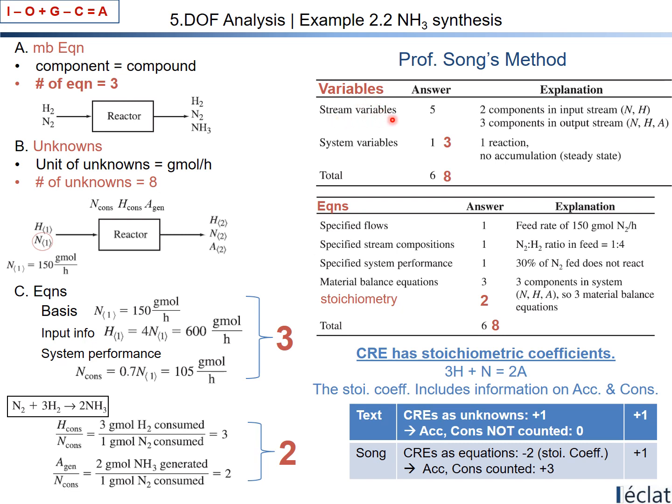Stream variables: 5, 1, 2, 3, 4, 5 for both methods. However, there are some differences between my method and the textbook method in terms of system variables. In the system variables, using the textbook, you should count the number of reactions. So one reaction, and the accumulation term, no accumulation term. So you have number 1 for the system variables. You don't need to think about the generation term and consumption term.